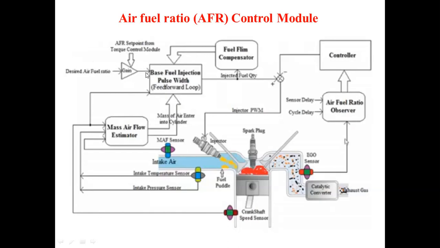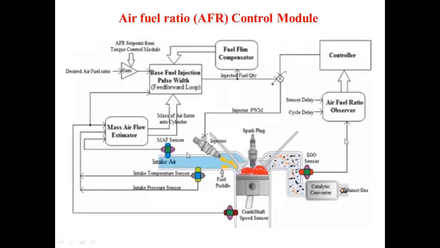The information from the base fuel injection pulse module, through the injected fuel quantity, gets compared here with the air fuel ratio observed from the exhaust, and the injected fuel is controlled with the help of the injector PWM, that is pulse width modulation.